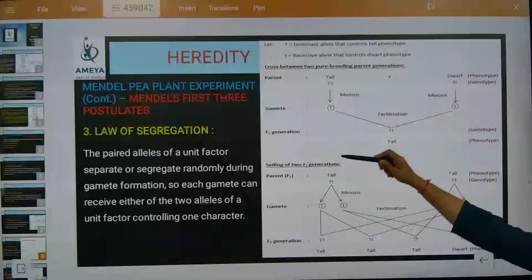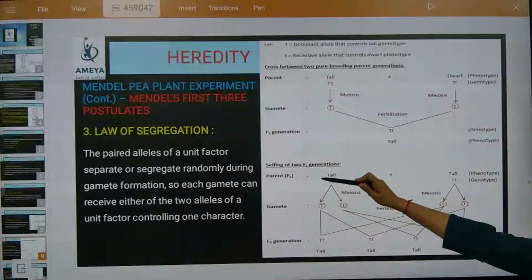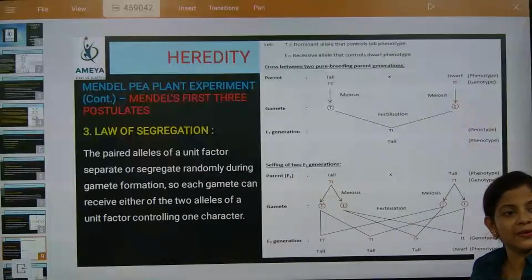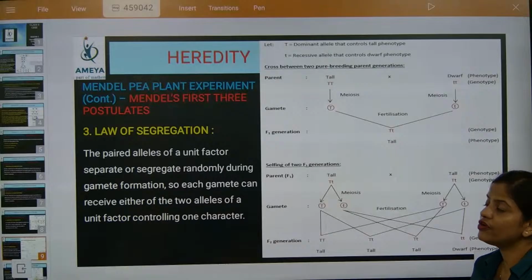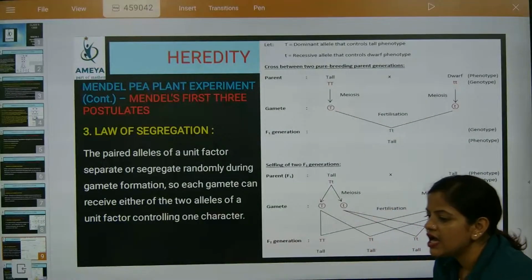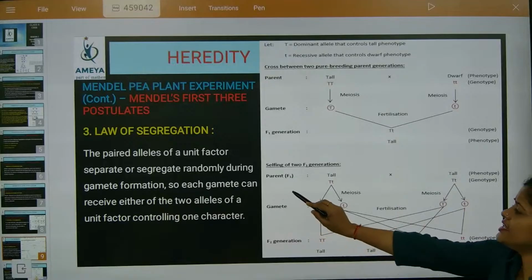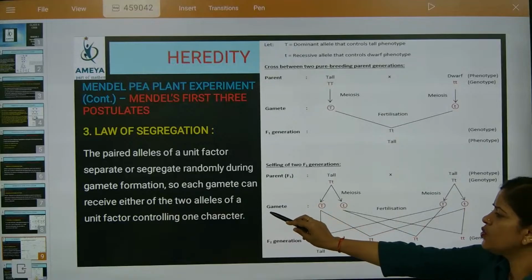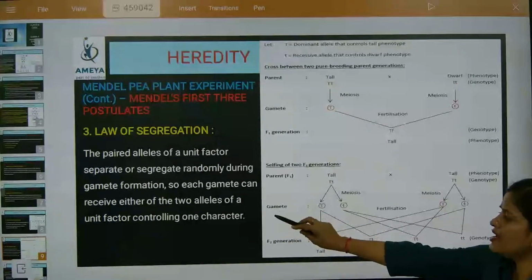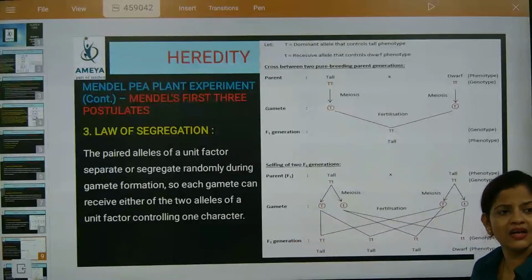This is called the law of segregation. The paired alleles of a unit factor separate or segregate. Understood? So the pair will separate. Did you see the separation? Tt was there. Then how many alleles have we taken? Only one. So first it is separated. Correct, Vishwa? After separating, each gamete can receive either of the two alleles of the unit factor controlling one character.